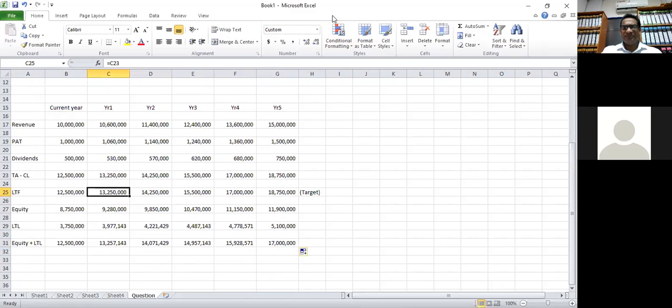Someone is asking something? I repeat again. In year one, the total value of equity and long-term liabilities will be 13,257,000, but you have a target to restrict long-term funds to 13,250,000. If you want to maintain these trends, you need 13,257,000.